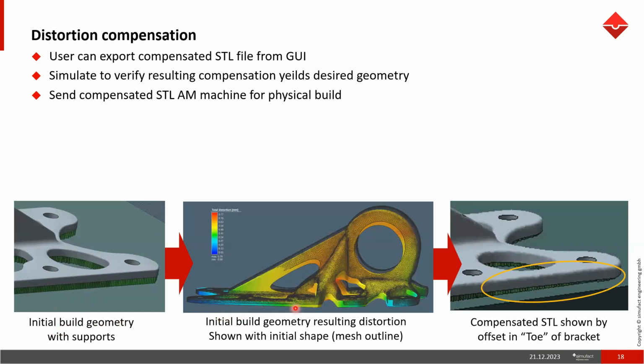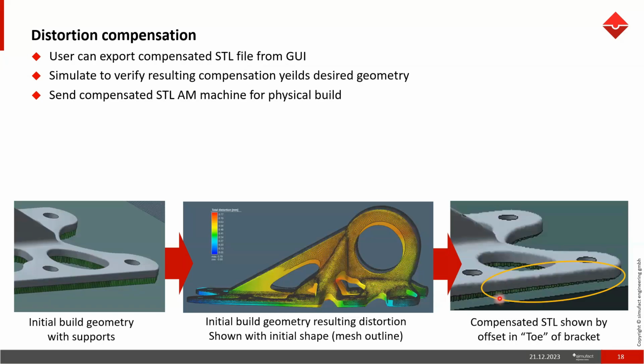We analyze the part, and let's say we are getting some deviation. Here you can see some deviation of the part happening at the end. So how can we overcome this deviation so that at the end you will be able to manufacture the part within the tolerance?